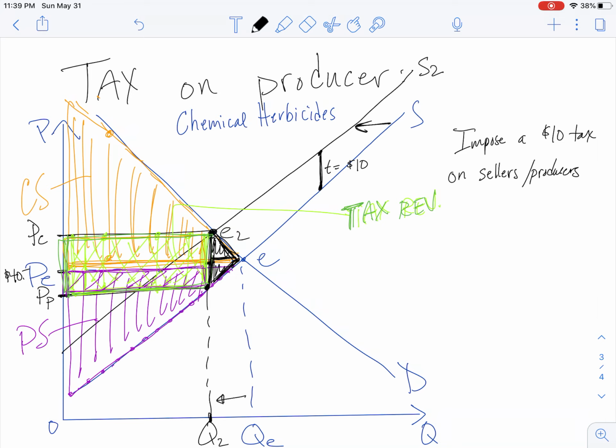But once you impose the tax, the value to the consumer, right, on the demand curve is greater than the cost to the producer, which you see here on the supply curve. But the difference is not $10. There's not enough space to wedge a $10 tax in there. So these units between Q2 and QE are not produced and sold.